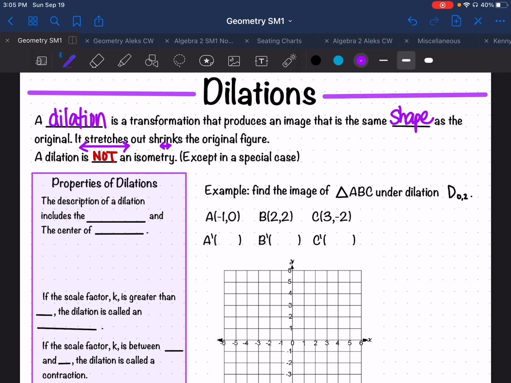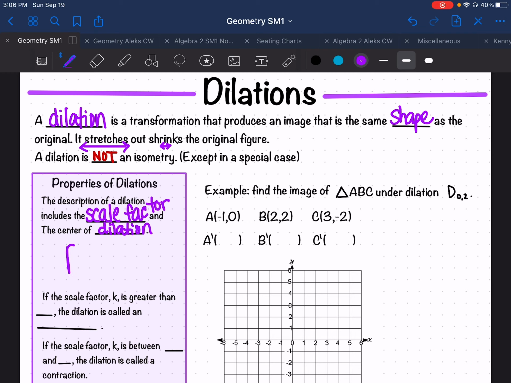The properties of dilations. The description of a dilation includes the scale factor, how much you are going to stretch or shrink it, and the center of dilation. What are you going to dilate it around?